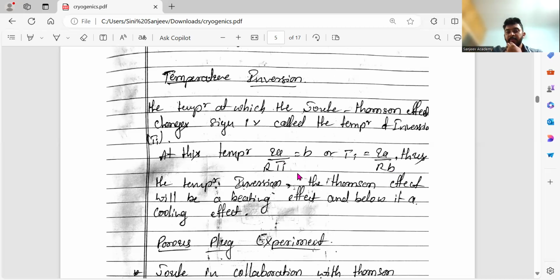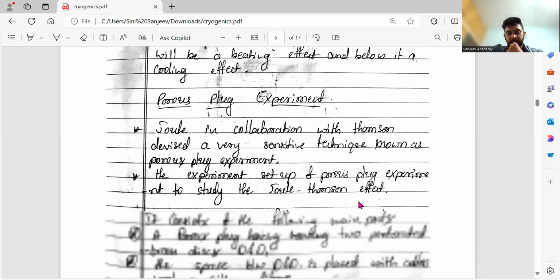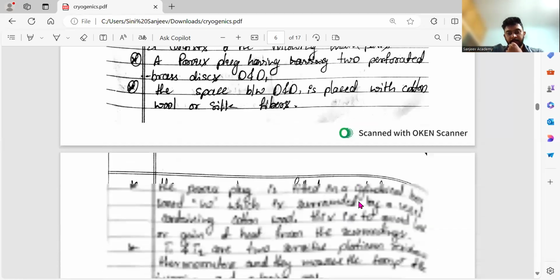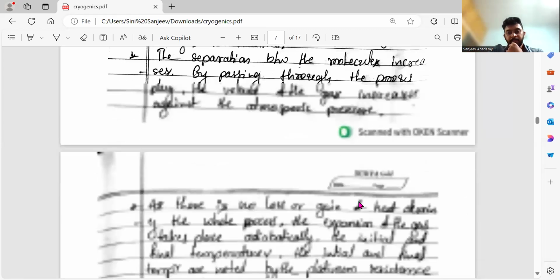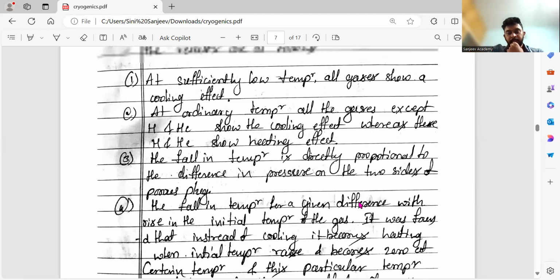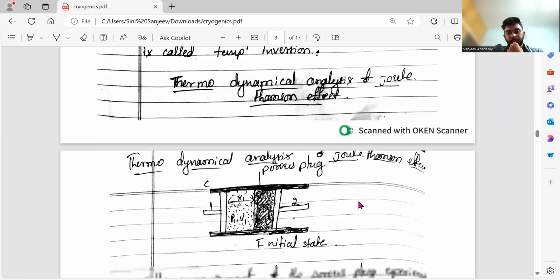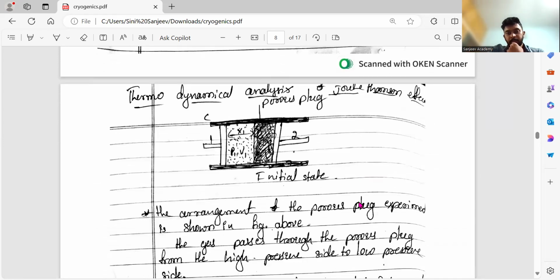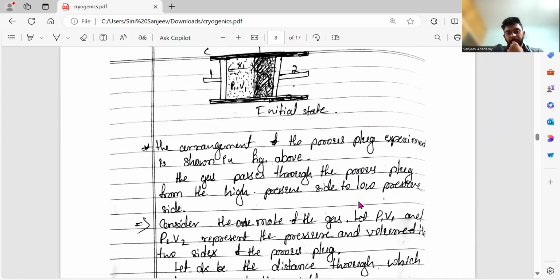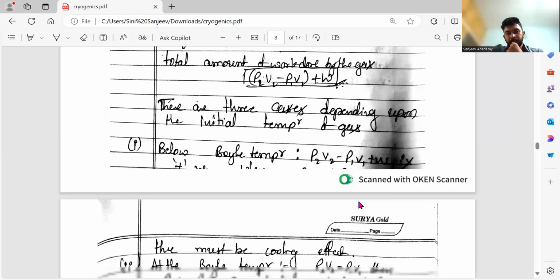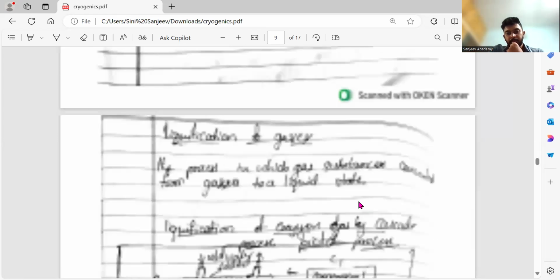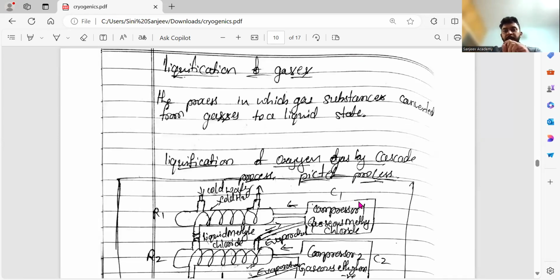This is the inversion temperature of the Joule-Thomson effect. And the Joule-Thomson effect theory will definitely come for the examination.